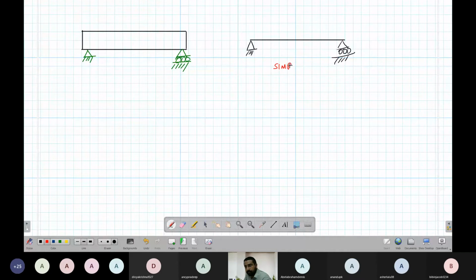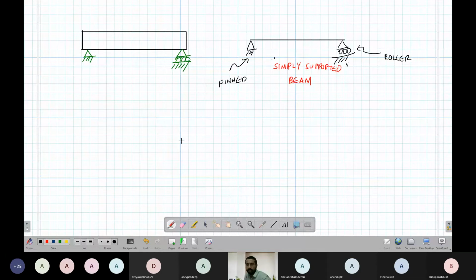The names for supports are not clearly specified, but this pair of support conditions is a simple support. One end should be pinned and the other end should be a roller. This combination is a simply supported beam.